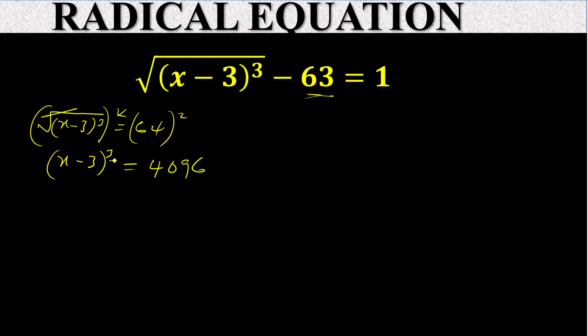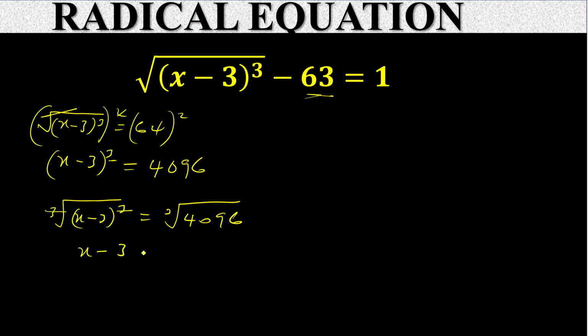Now to remove this cube here, you have to take cube root on both sides. So you are going to take cube root on both sides. So I will say cube root of x minus 3 cubed, and I'll do same to the right, cube root of 4096. This one cancels this.